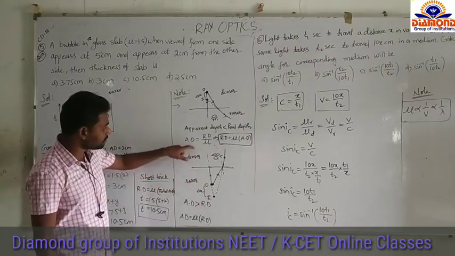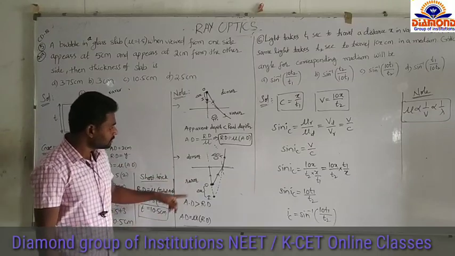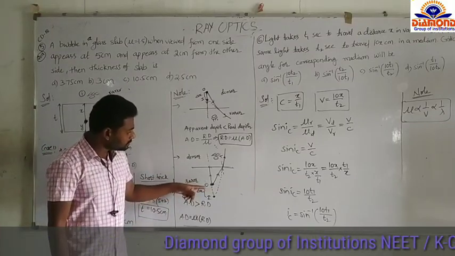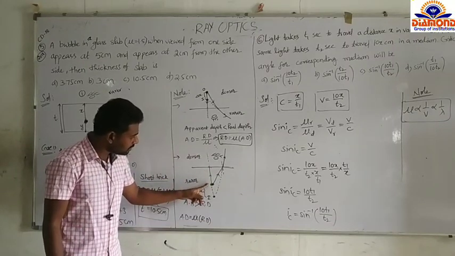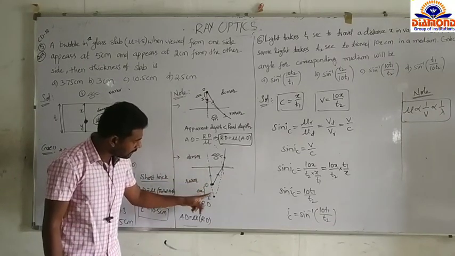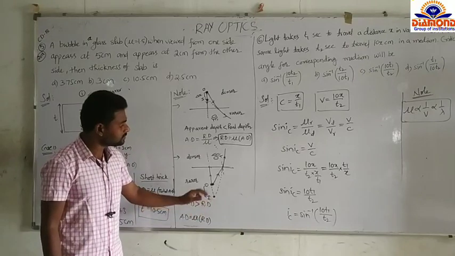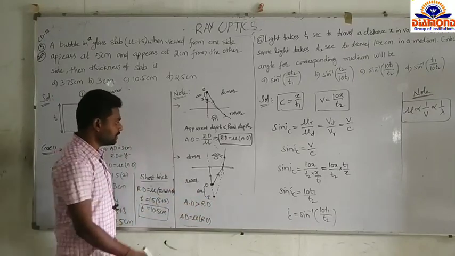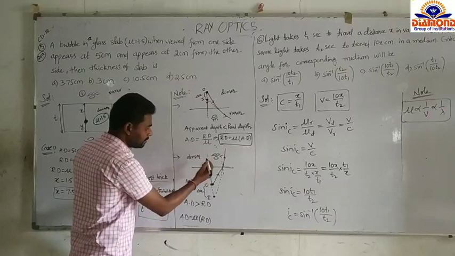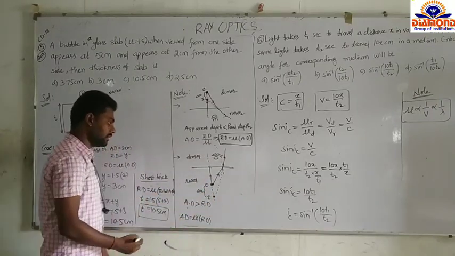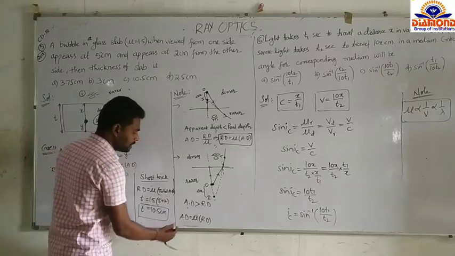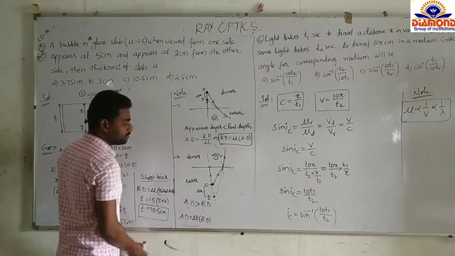If we view the object from the denser medium, the object appears more than the actual depth. So apparent depth is more than the real depth. So if you are viewing the object from the denser medium into the rarer medium, apparent depth is greater than the real depth. Then the formula is apparent depth equals mu into real depth.